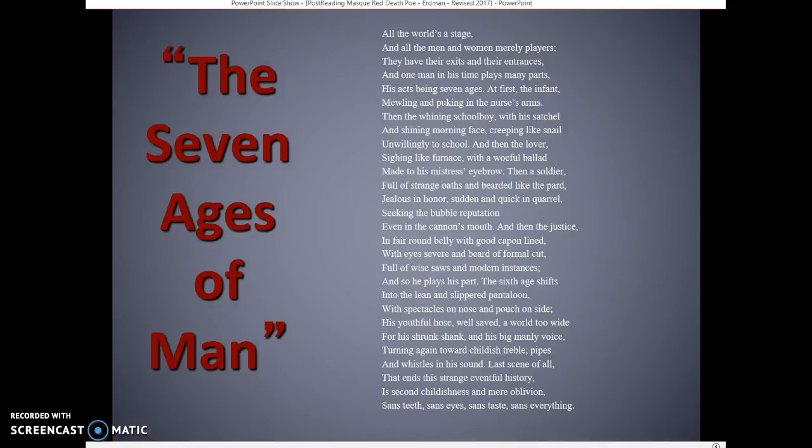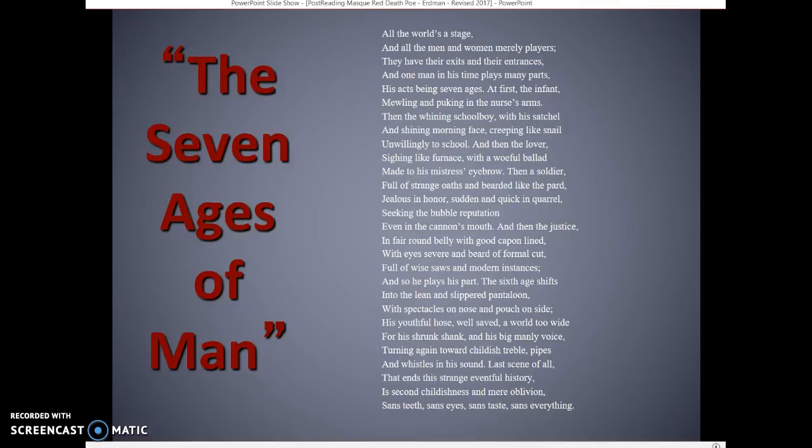And then the lover, sighing like furnace, with a woeful ballad made to his mistress's eyebrow. Then a soldier, full of strange oaths and bearded like a pard, jealous in honor, sudden and quick in quarrel, seeking the bubble reputation even in the cannon's mouth. And then the justice, in fair round belly with good capon lined, with eyes severe and beard of formal cut, full of wise saws and modern instances. And so he plays his part.